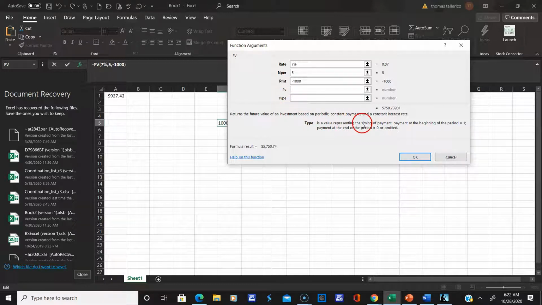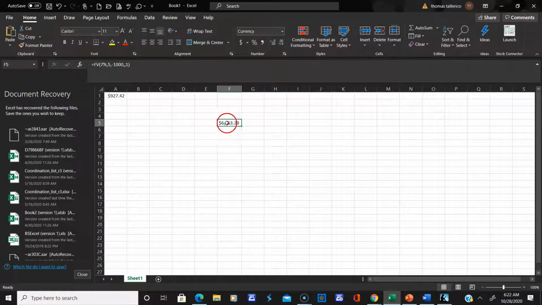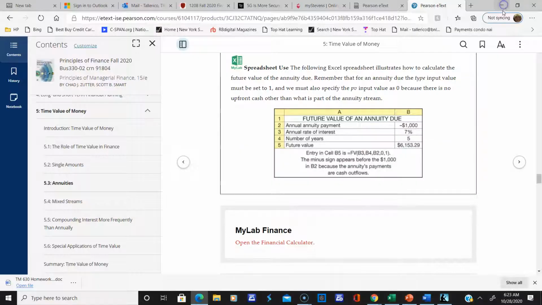Type is a value representing the timing of payment. Payment at the beginning of the period is a 1, so I would put a 1 in there for an annuity due, and then I would put a 0 for an ordinary annuity, or leave it blank. But it's important to know for an annuity due, you don't change any numbers, you just make that a 1. So there it is, right? The number's larger because the money went in at the beginning of the period. Okay. Any questions on any of those functions? Please let me know, and I'll be glad to help you.